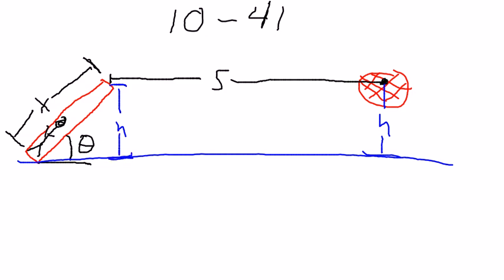So the question we're asked, as this guy goes flying through the air, is what the spring coefficient is, the functioning spring coefficient that's required for him to complete this launch as he goes up here and lands in his net.